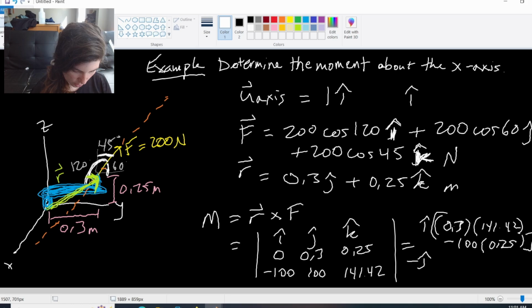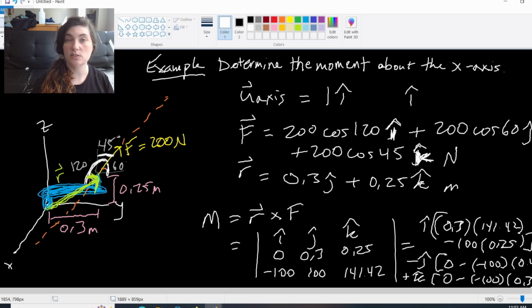Minus j hat component, always minus j hat component, of 0 minus negative 100 times 0.25, plus the k hat component of 0 minus negative 100 times 0.3. And this gives us a vector answer. Our moment is going to be a vector answer. So let me simplify that down.